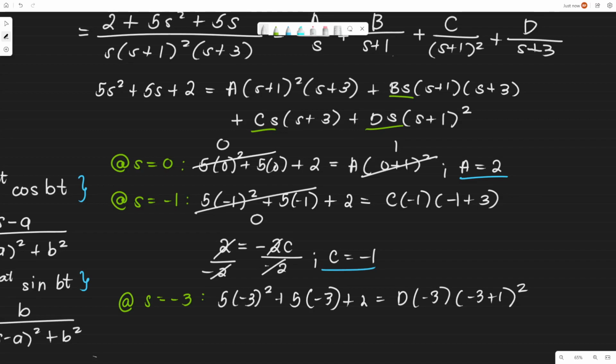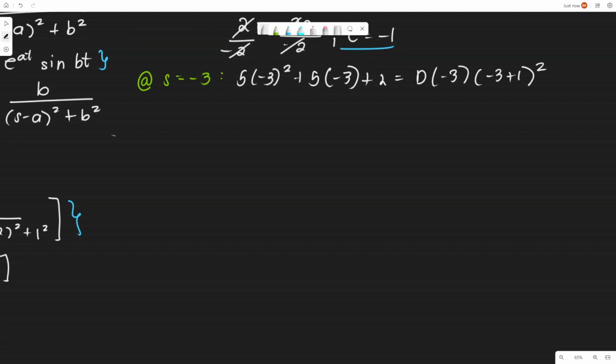Okay? So, taas na natin. Ayan. So, we have here 5 times 9 is 45 minus 15 plus 2. That's 32. Diba? Then, we have here negative 3 times negative 2 squared. Negative 2 squared is 4. So, negative 3 times 4 is negative 12D. So, divide both sides by negative 12.